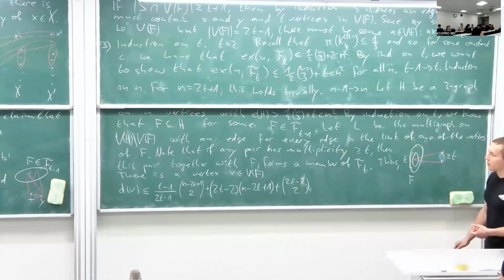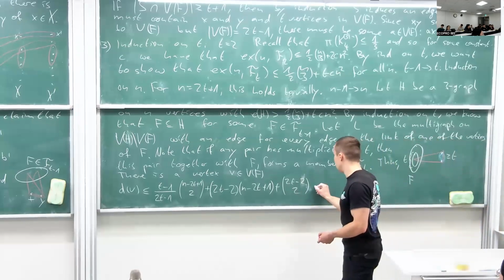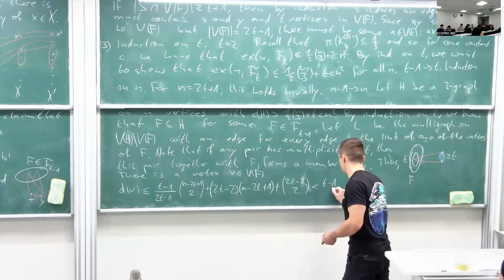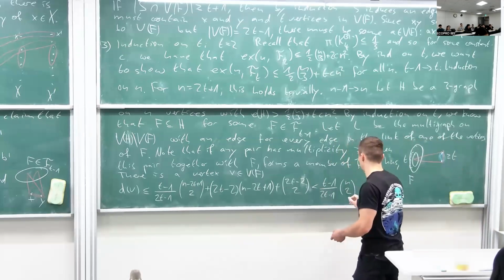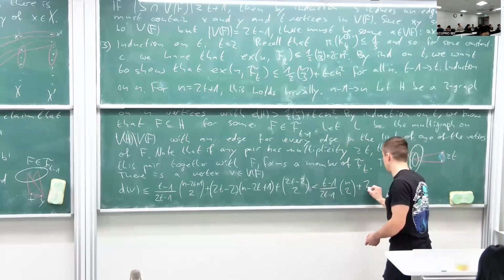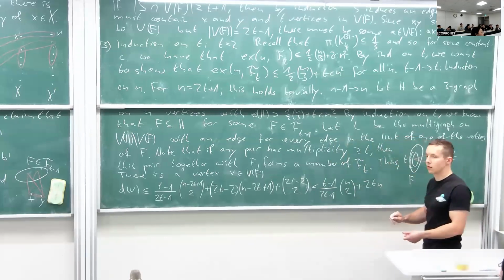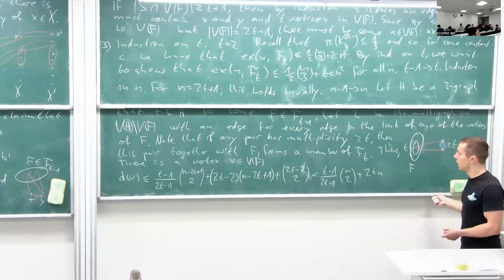Okay, so now this thing here is smaller than t minus 1 times (2t minus 1 choose 2 plus 2tn).